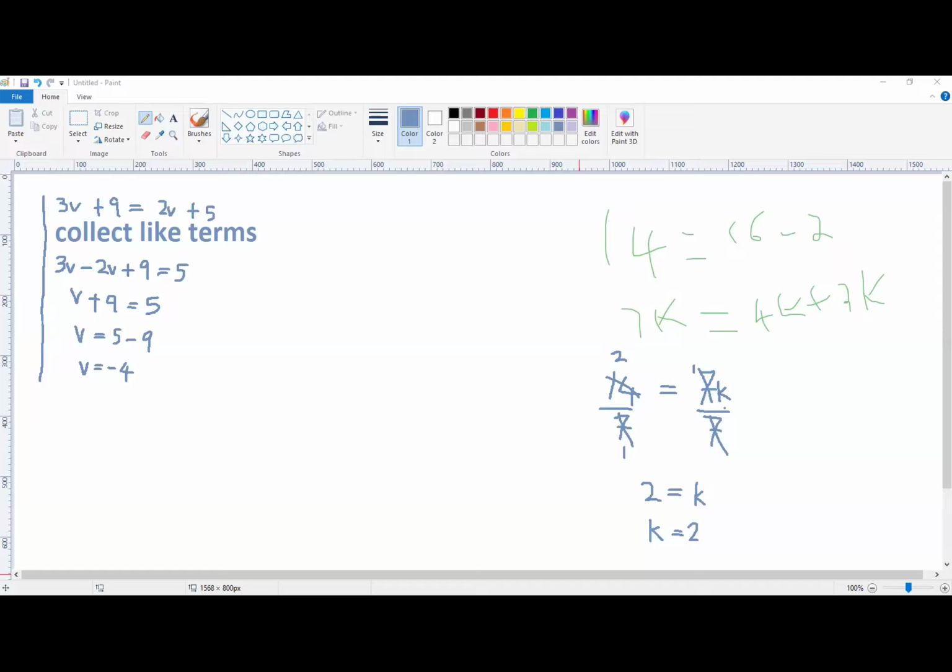Let me copy. 16 take away 2 equals 14. 3k plus 4k equals 7k. 7k equals 14.